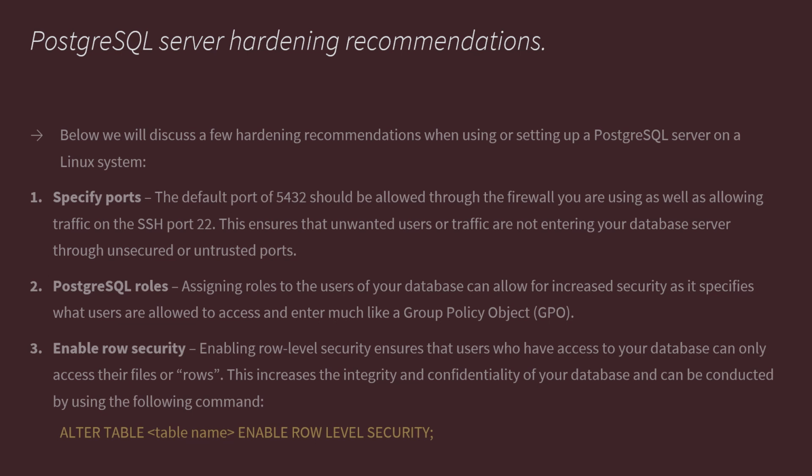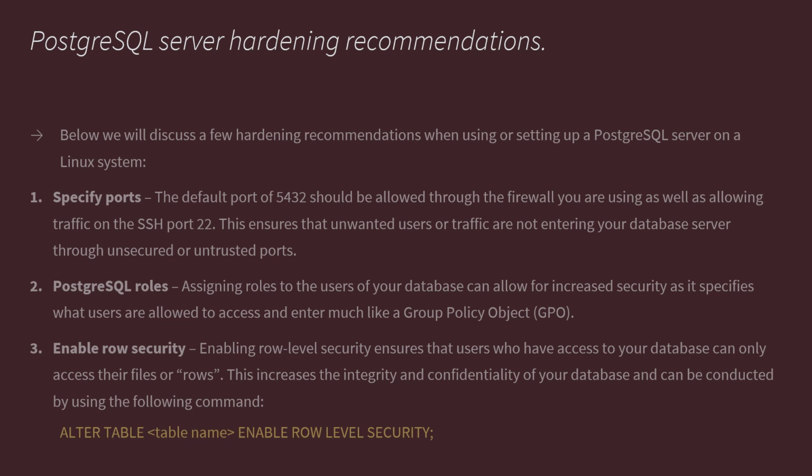And lastly, we have enable row security. So enabling row level security ensures that users who have access to your database can only access their files or entries, so that while they can access the table, they can only access their file and can't pull data from other entries in the table, or rows rather.